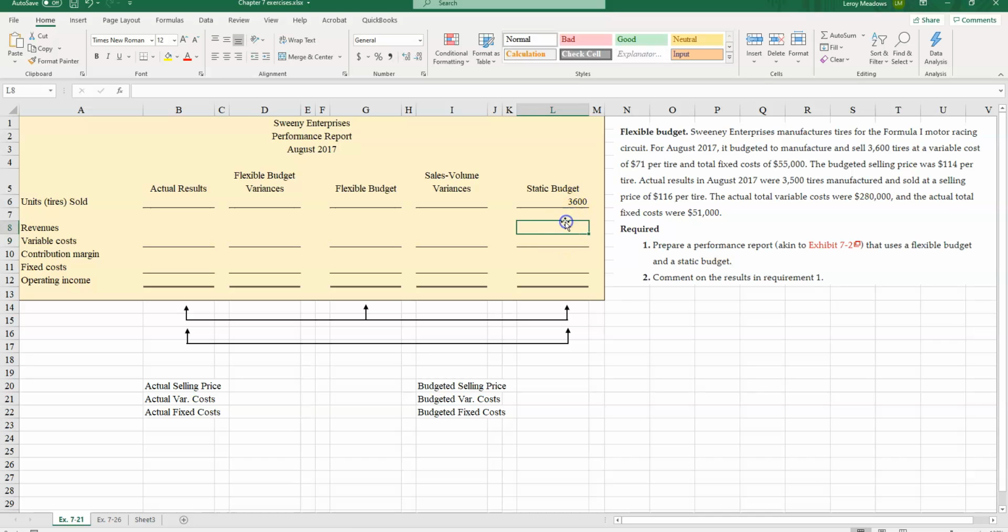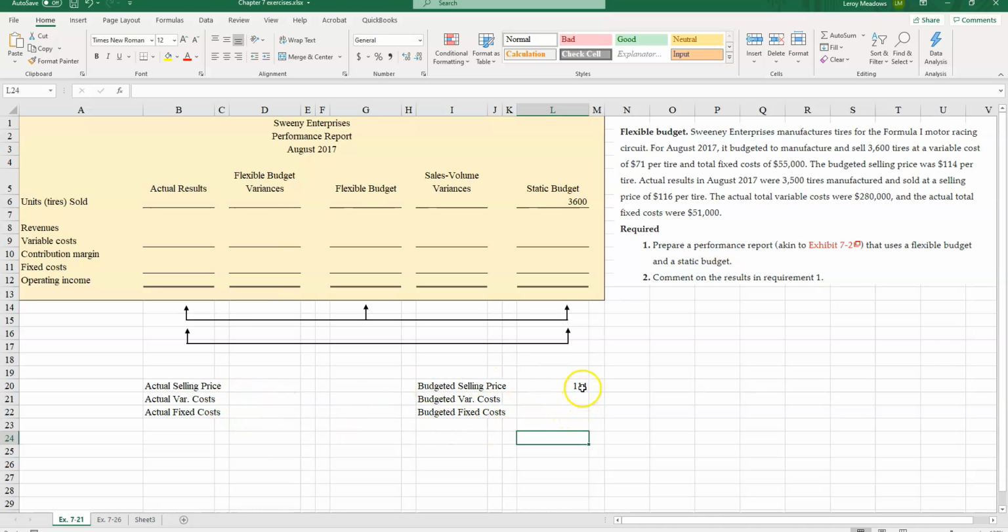Now, my revenues, based on that budget of 3,600 tires selling, how much revenues did I budget for? Well, I budgeted for a selling price of $114. So I'll put that down here, and I'm going to keep track of my prices here because I want to do an analysis of this.